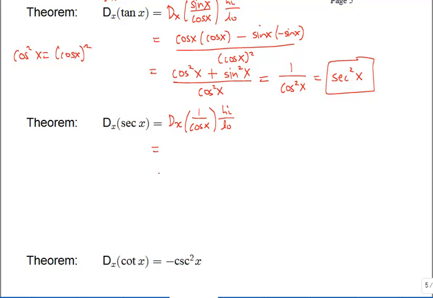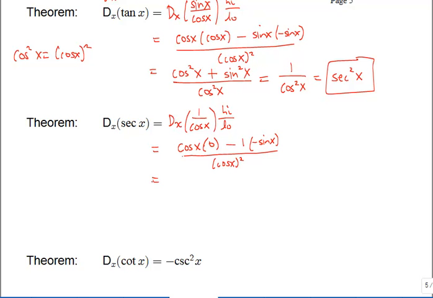So the quotient rule would say low d high. So the low is the cosine. The d high, well, the derivative of 1 goes to 0. So there's low d high minus high d low. High is just 1 times d low, the derivative of cosine is minus sine, over low low, the bottom squared.